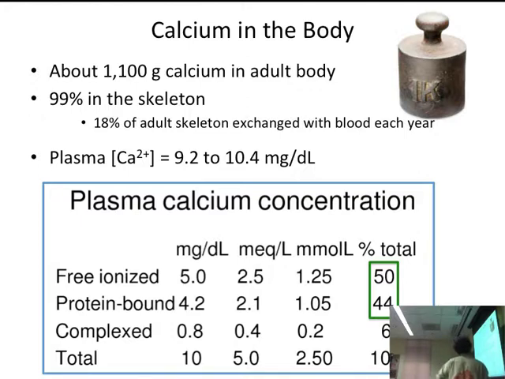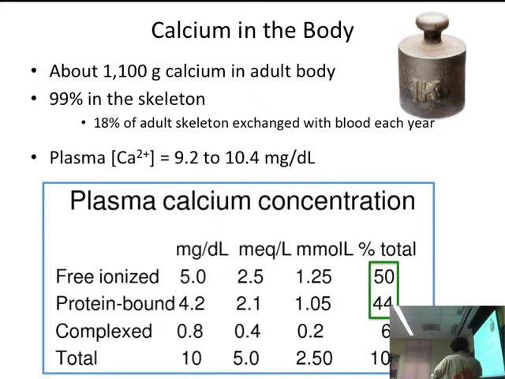Your plasma concentration is about 10 milligrams per deciliter. This is an important number for diagnostics, and presuming I get to the end of my slideshow, because I spent a little bit longer in the intro, you'll see why. Why was I emphasizing that?